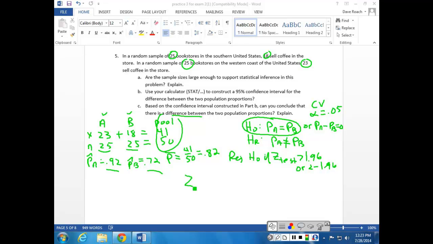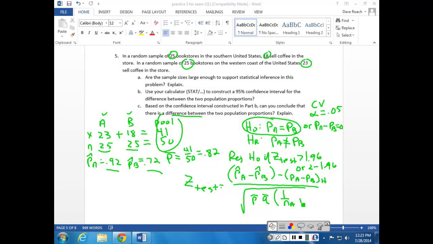And our z-test is going to equal the statistic, p hat A minus p hat B, minus the hypothesized proportion, PA minus PB hypothesized, over the standard error, which is the square root of P bar Q bar times 1 over NA plus 1 over NB.